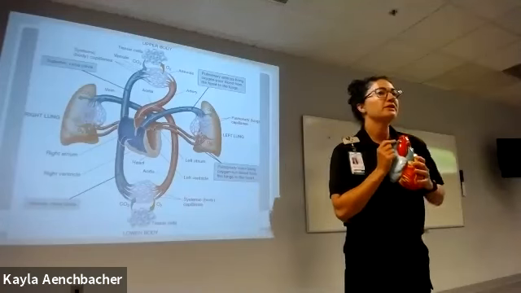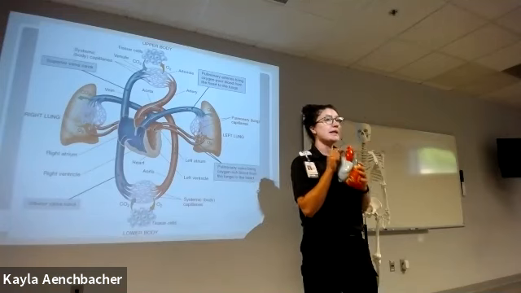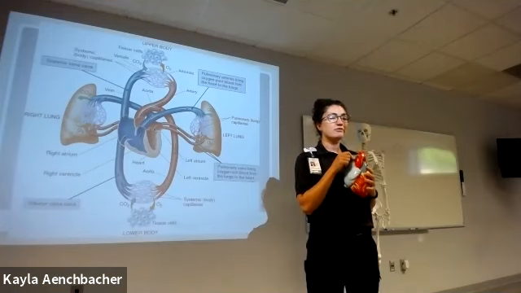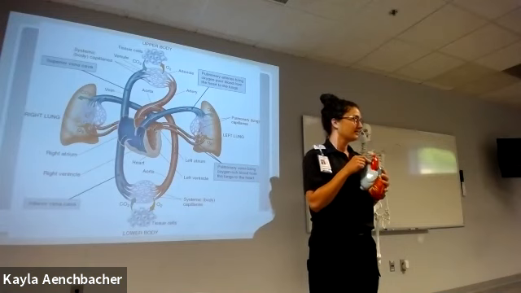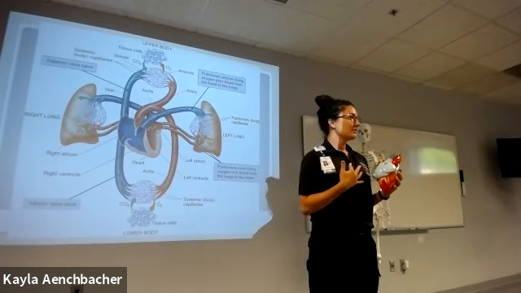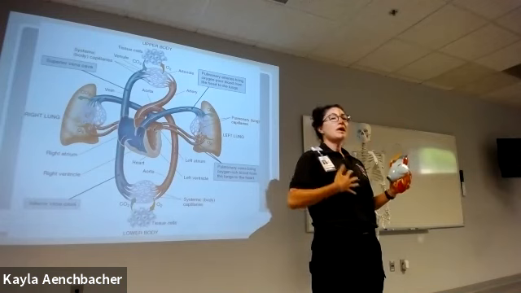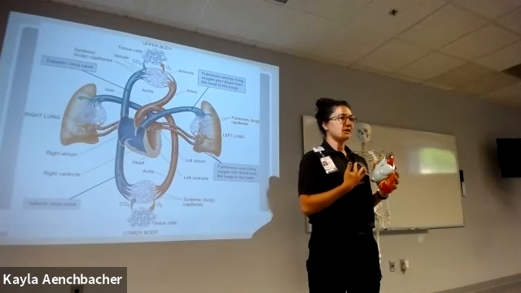Deoxygenated blood. The superior vena cava is bringing back all of that deoxygenated blood and all of that CO2 from what part of the body do you think? The superior part of the body. This is bringing back the deoxygenated blood and CO2 from this half of the body.